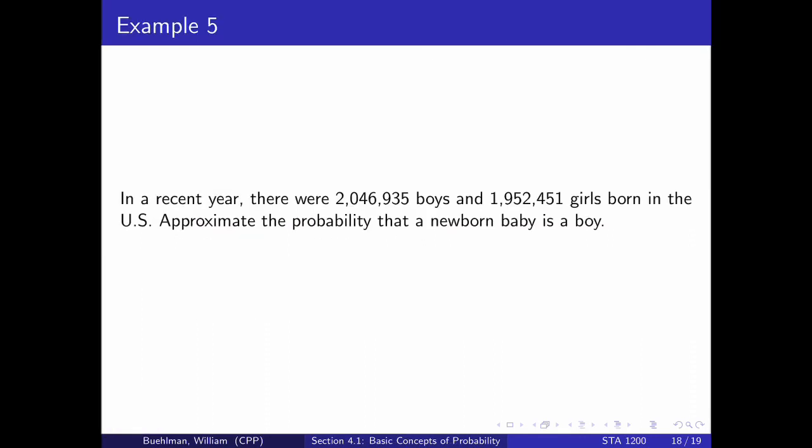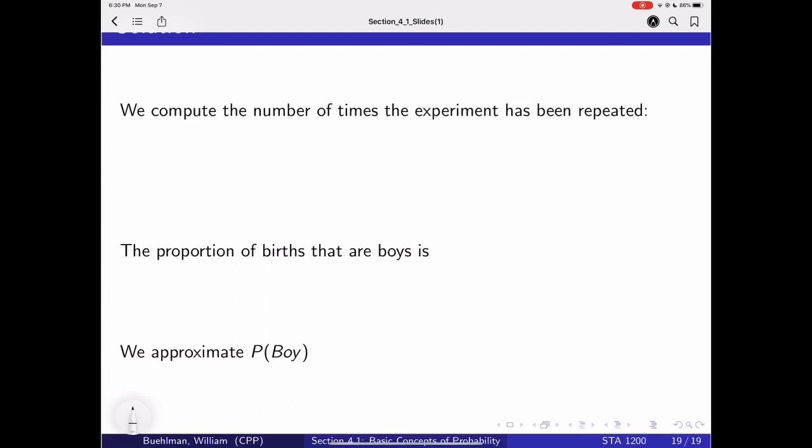Here's example 5. In a recent year, there were 2,046,935 boys and 1,952,451 girls born in the United States. Approximate the probability that a newborn baby is a boy. First thing we're going to do is figure out the total number of births there were.